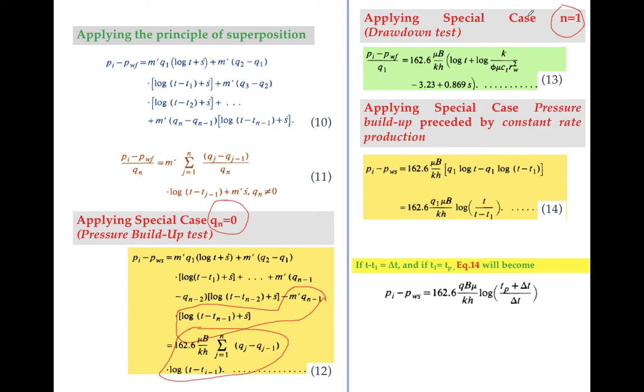So here what you can see is this Q1 considers all the past flow rate, and this is the actual Q last, and T is the pseudo producing time, right? This T is the pseudo producing time. So we have arrived at this particular equation if we take n equal to 1. Okay.